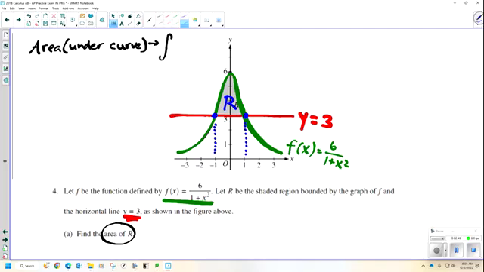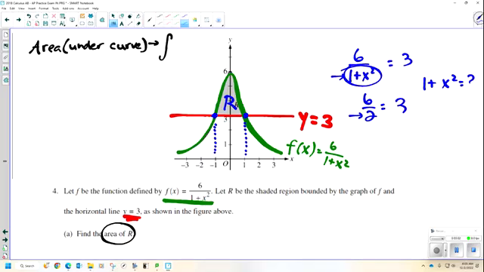If I wanted to check that, I'm going to do this quick. I would set my equations equal. 6 over 1 plus x squared equals 3. Well, I know 6 over 2 equals 3, so the bottom has to equal 2. What makes 1 plus x squared equal to 2?